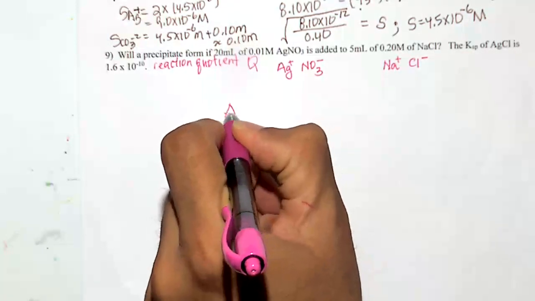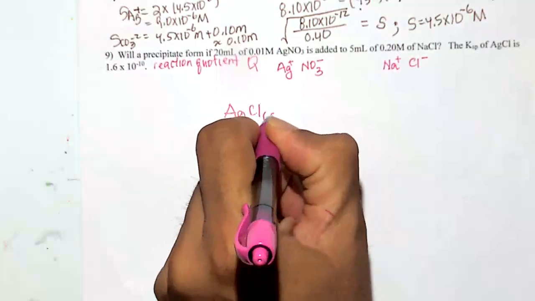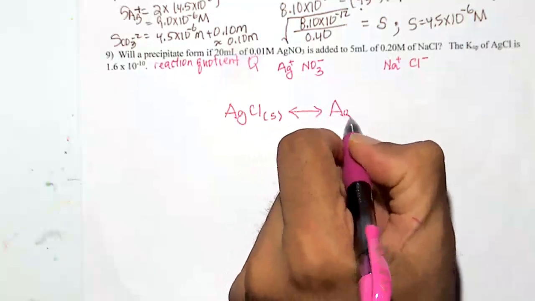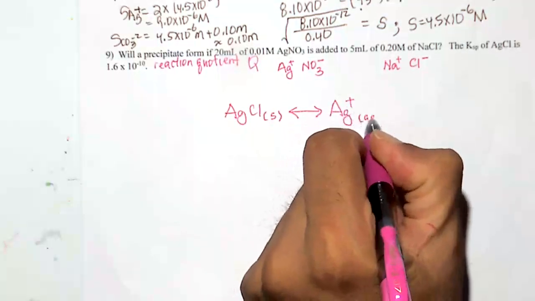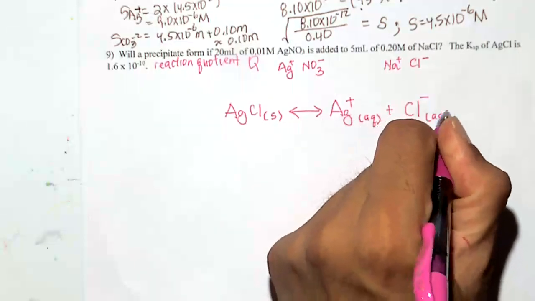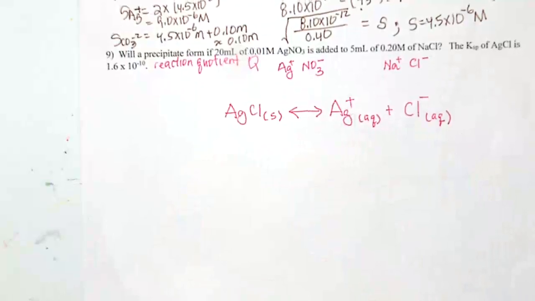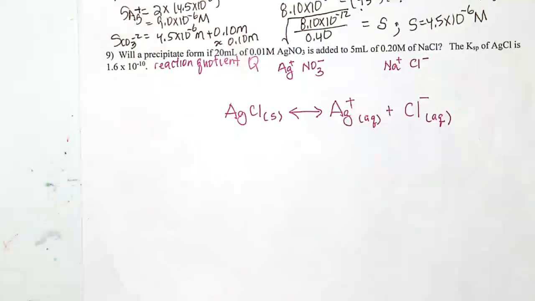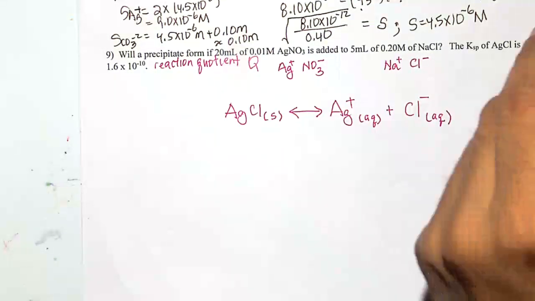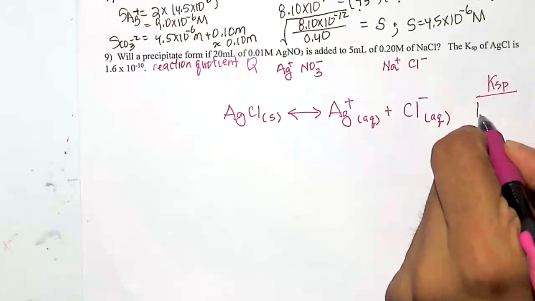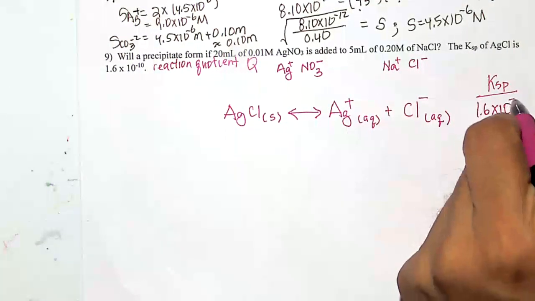So the first thing you want to do is write the KSP for silver chloride. That equation is this. So 1.6 times 10 to the minus 10.